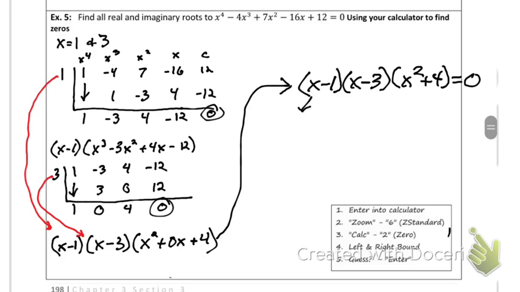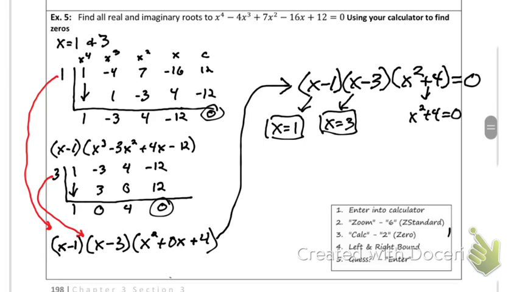And we have x equals 1 is a 0. X equals 3 is a 0. And x squared plus 4 equals 0 is going to be a 0 when I solve for that. Let's subtract 4 from both sides. We'd have x squared equals a negative 4.